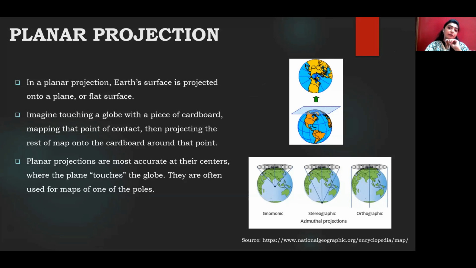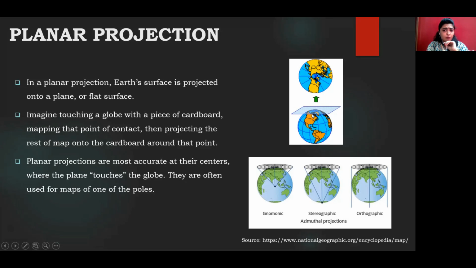The first kind of projection that comes in is the planar projection. Imagine you have a globe which is spherical in shape, and you take a plain piece of paper or a cardboard and just keep it on the globe, just as it is shown here.